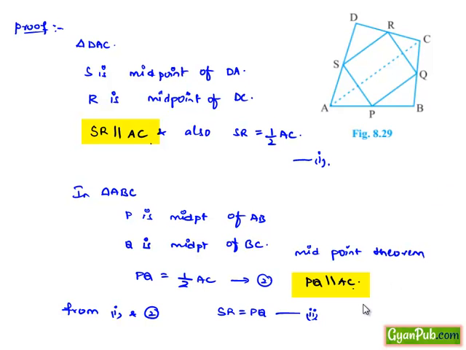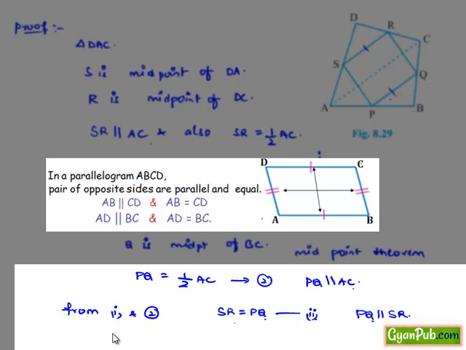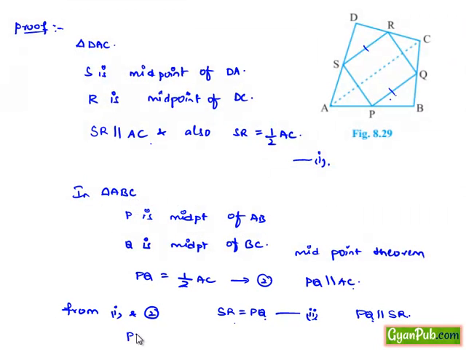So here we can say that PQ is also parallel to SR. Now SR is equal to PQ and PQ is parallel to SR. Here we can say that in quadrilateral PQRS, opposite sides are parallel and equal. If in a quadrilateral opposite sides are parallel and equal, then the quadrilateral is a parallelogram. Therefore, PQRS is a parallelogram.